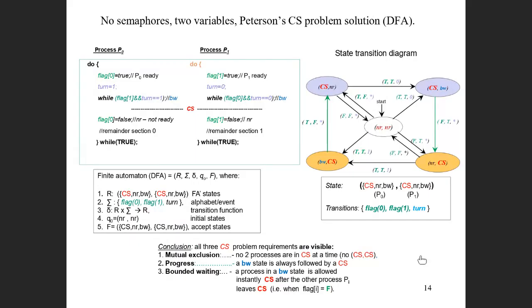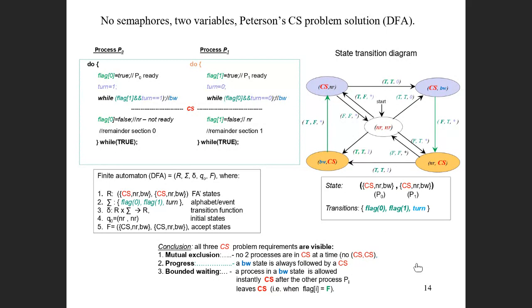So you remember that there was Peterson's problem solution, in which we use flag of 0, flag of 1, and we use a turn variable.